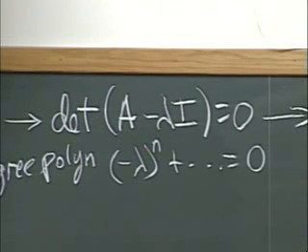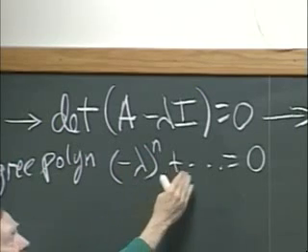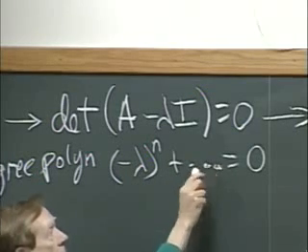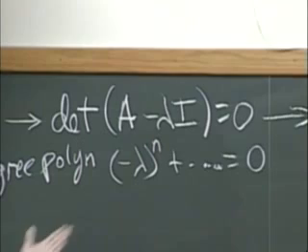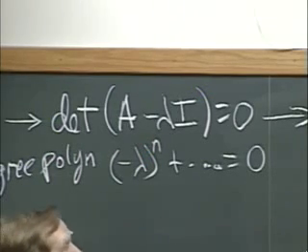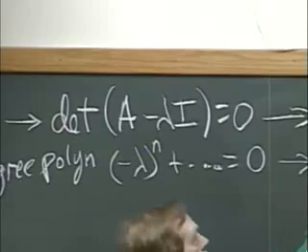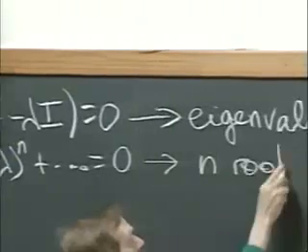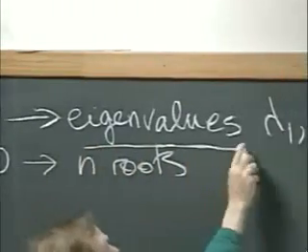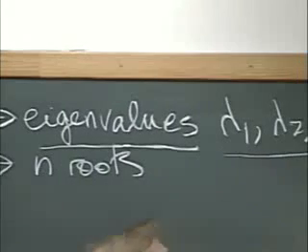So the first term in the determinant will be minus lambda times minus lambda all the way down, n times, and then the other terms will involve lower powers of lambda. But we've got a polynomial, and it's got n roots. So these are the n roots. And those roots are the eigenvalues, and there they go.